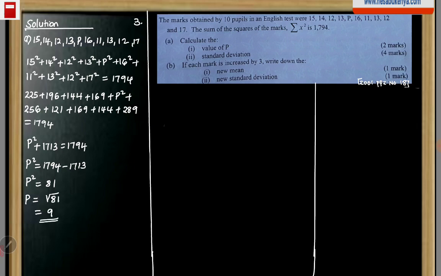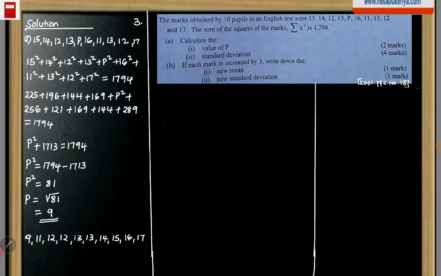So that is the value of P. Now, before we answer Roman 2, we need to arrange our marks from the least mark to the highest mark. Our least mark is 9, followed by 11, then 12, then 12, then 13, 13, 14, 15, 16, and 17.